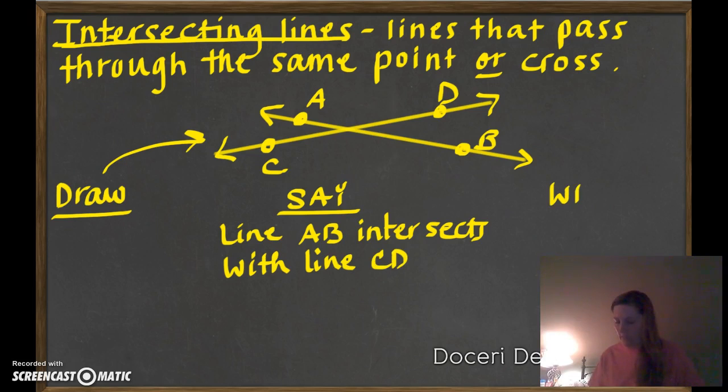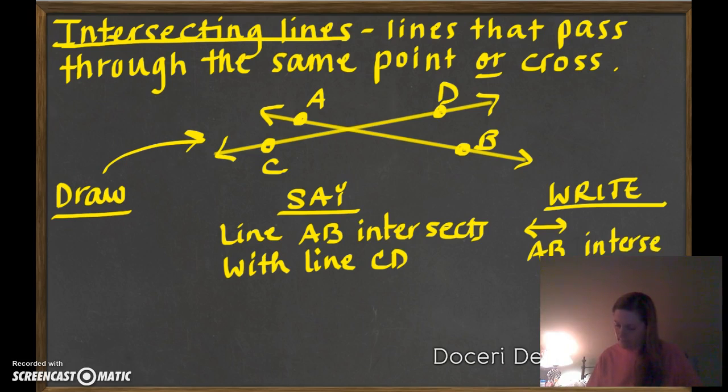And if I had to write this, there is no special symbol for intersects. I just write the word intersects, and I would say line AB intersects line CD. But again, if they were line segments, I would just use the symbol for line segments.